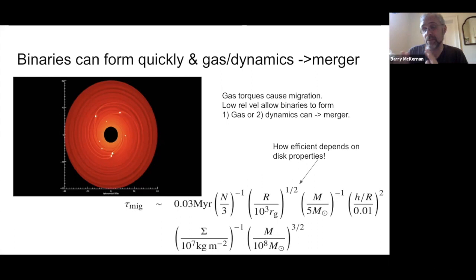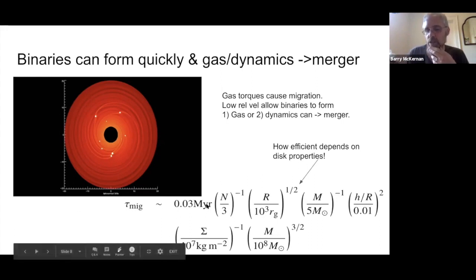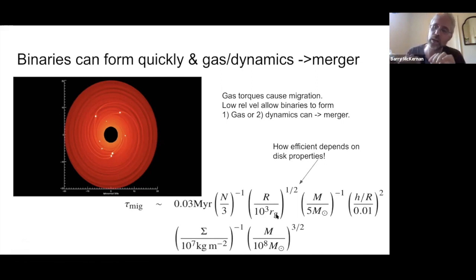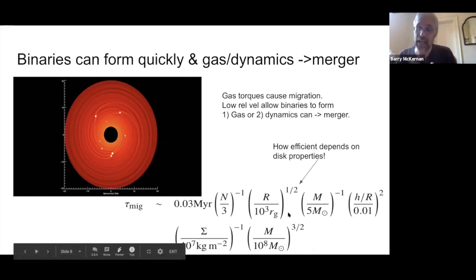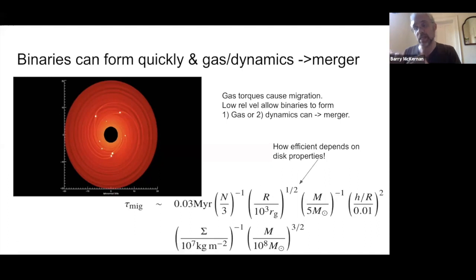So the important point about this whole process of migration and forming binaries is that it depends on the properties of the disk that these objects are embedded in. If there's an efficient way of forming binaries in an AGN disk, that's telling you something about the properties of the AGN disk itself. So, here's the surface density. Over here is the aspect ratio, your position in the disk, the mass of the object, the mass of the central thing. So you can use the properties of binaries that form to tell you something about the gas disk in which you form those binaries. Okay.